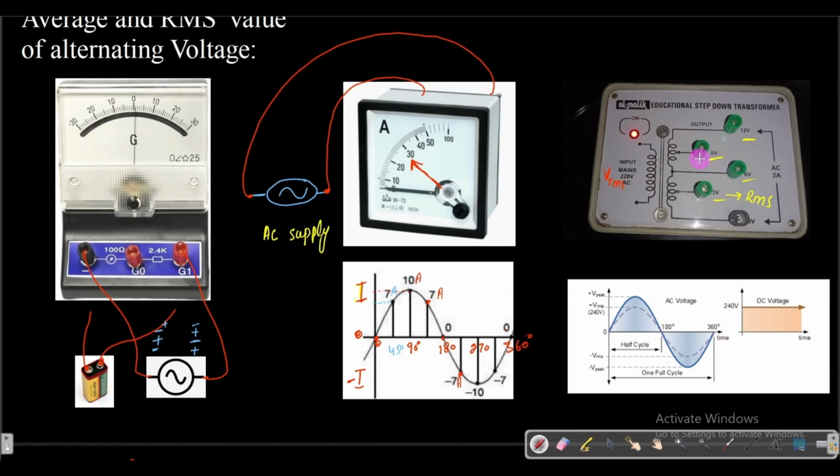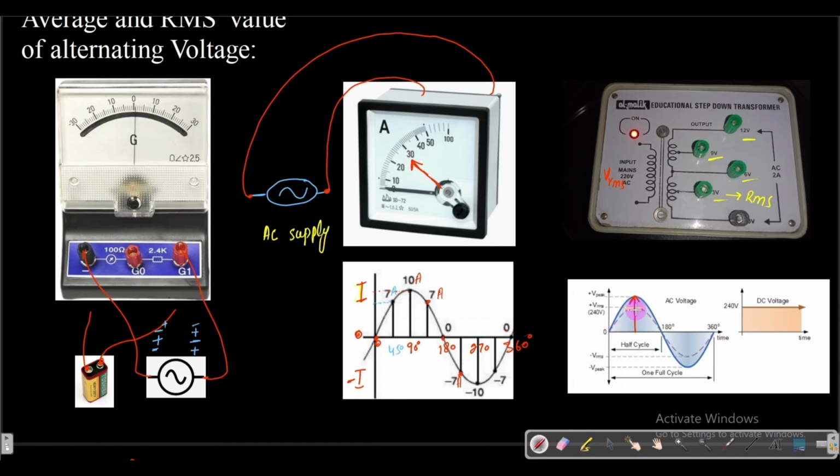So this RMS value is actually a fixed value, and it is here in this diagram. Let's say we have 220 volt voltage present here. This is about 70.7% of this total amplitude. The total amplitude is from this 0 position to this position.